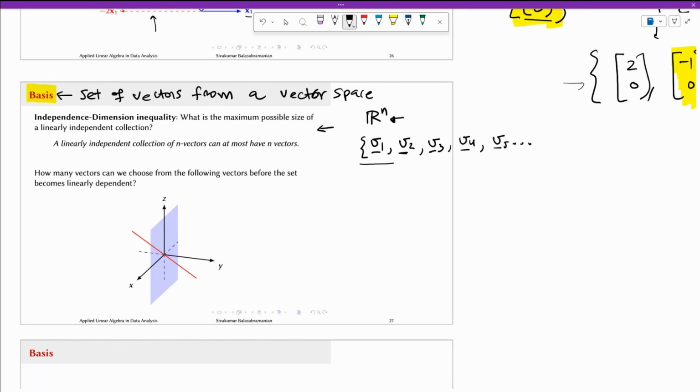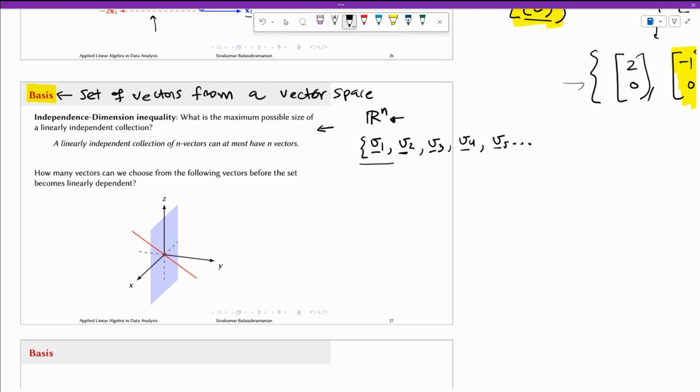When we talk about linear independence, we're asking, is there redundancy in the set? There is only so much stuff I can add before things become redundant. That means the new thing that I'm adding, that information was already present in the previous vectors in that set. So there is a limit to how big a set you can form from a vector space Rn before that set is for sure linearly dependent.